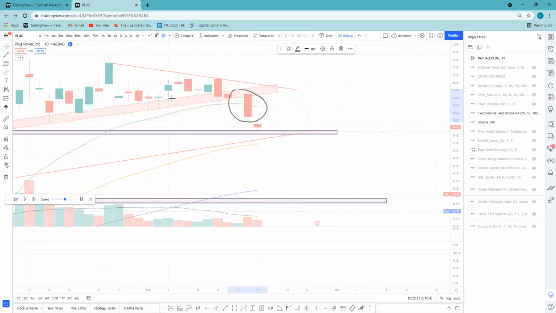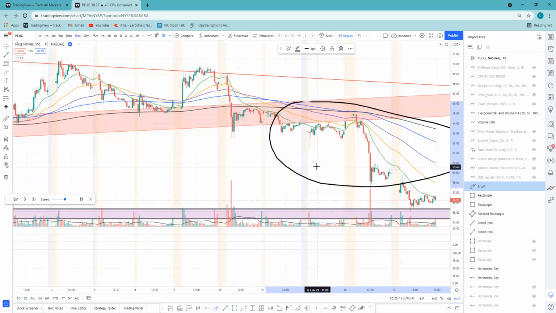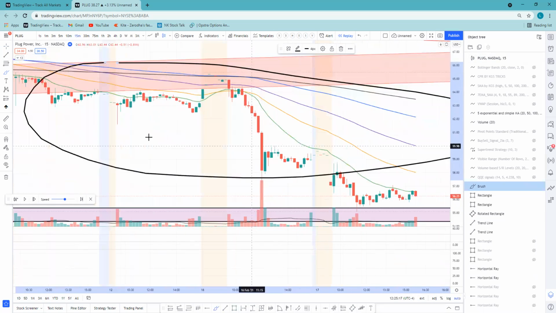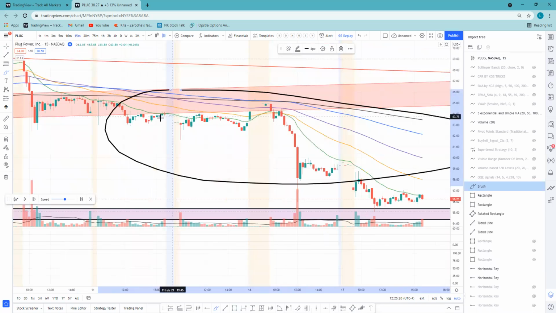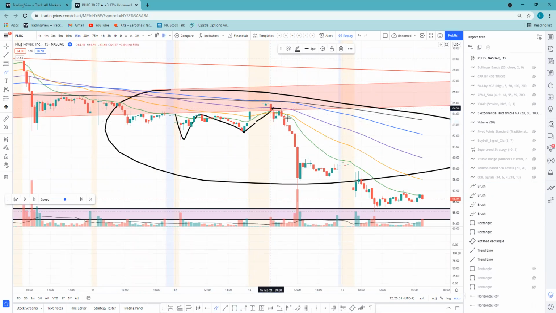On a smaller time frame, if you see here, next day we were here. Next day price broke, went up and fell again, and the next day again price touched this area and then fell.